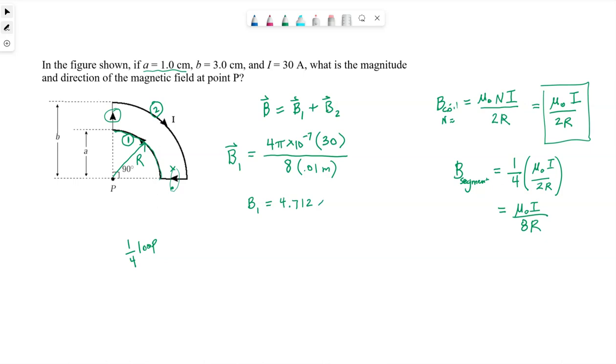I'm going to keep a few decimal places since I'm not at a final answer. Times 10 to the negative 4. The units will be Teslas.